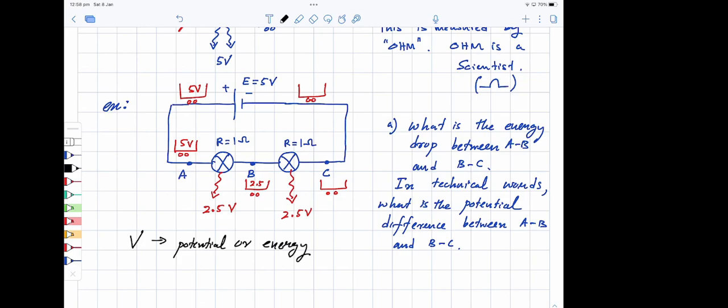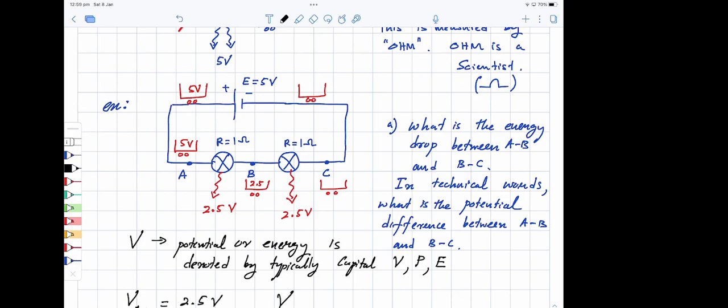Potential or energy is denoted typically by capital P, capital V, capital P, capital E. You can use anything, right? So potential between A and B is now 2.5 volt.